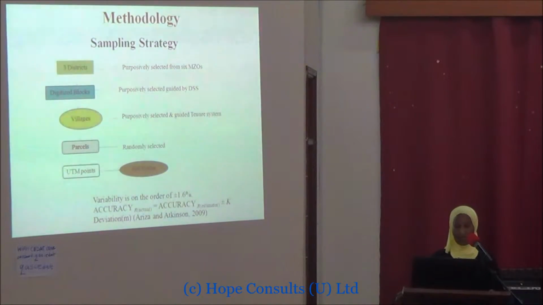From villages, I chose some parcels that were guided by the tenure systems and information from some GSSs. Then from the parcels, I randomly selected 500 points, inclusive of Mailo and freehold tenure systems, because in these 3 districts those are the major tenure systems we have. And these 500 points gave me variability.